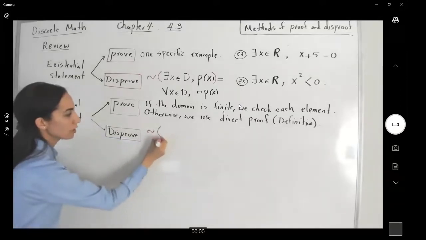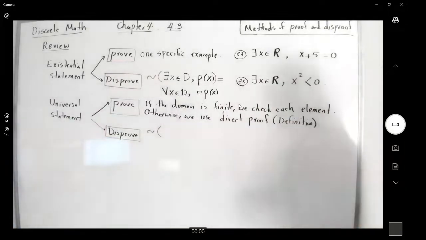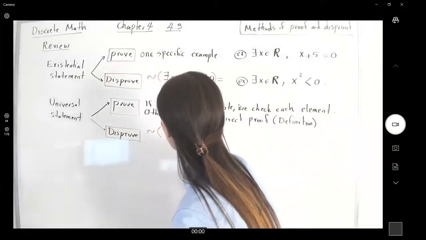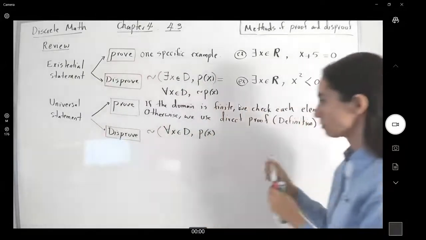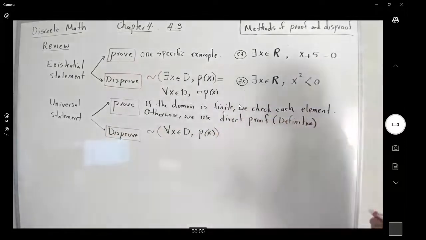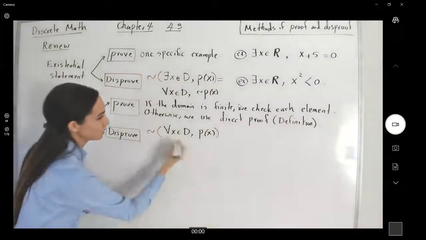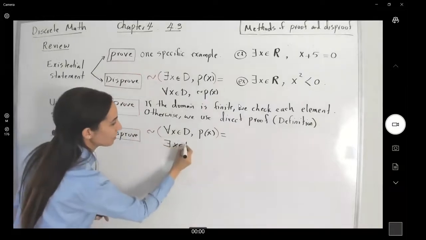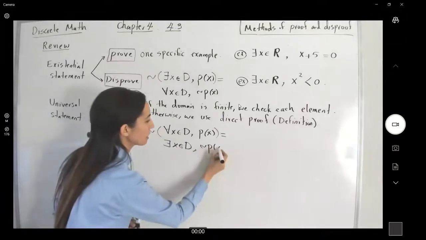The negation of a universal statement: suppose you have for any x in domain D, the predicate P of x. We know that the negation of universal is existential quantifier. So this is equal to, there is an element in domain D such that not P of x.